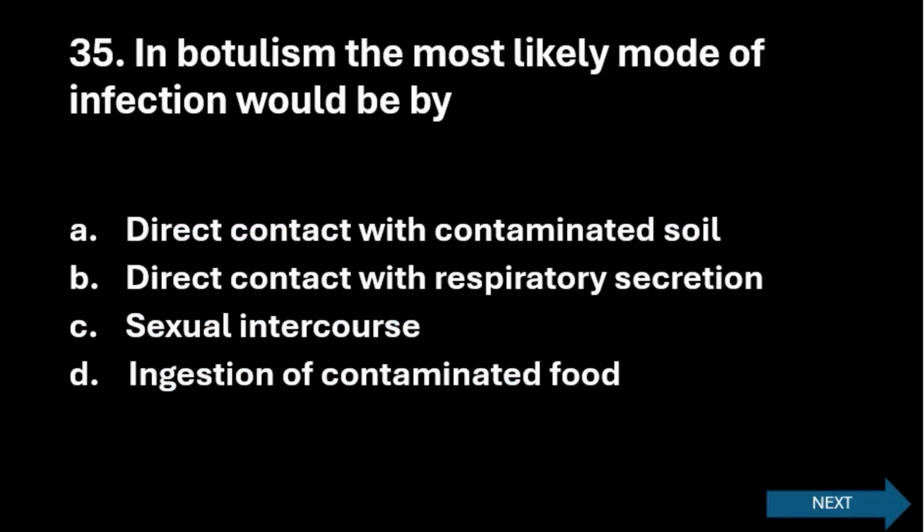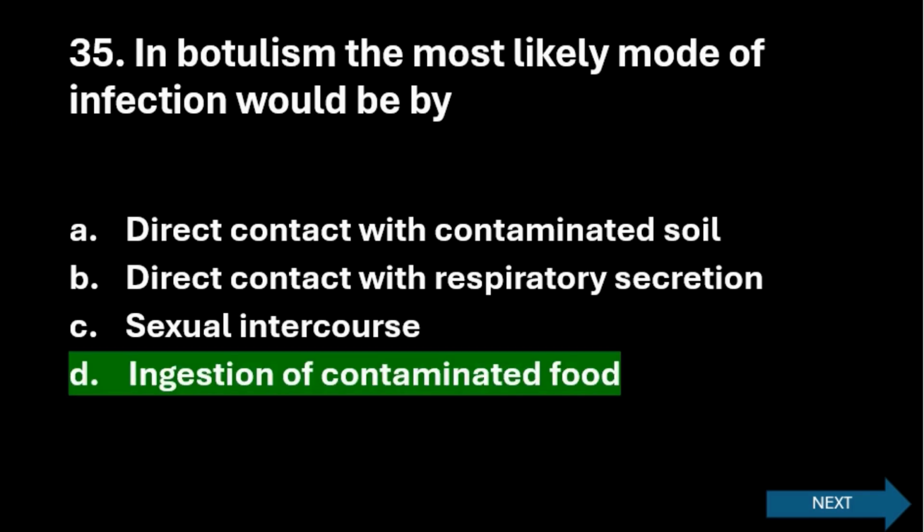Next question. In botulism, the most likely mode of infection would be by option A, direct contact with contaminated soil. Option B, direct contact with respiratory secretion. C, sexual intercourse. And D, ingestion of contaminated food. Here the right answer is ingestion of contaminated food.